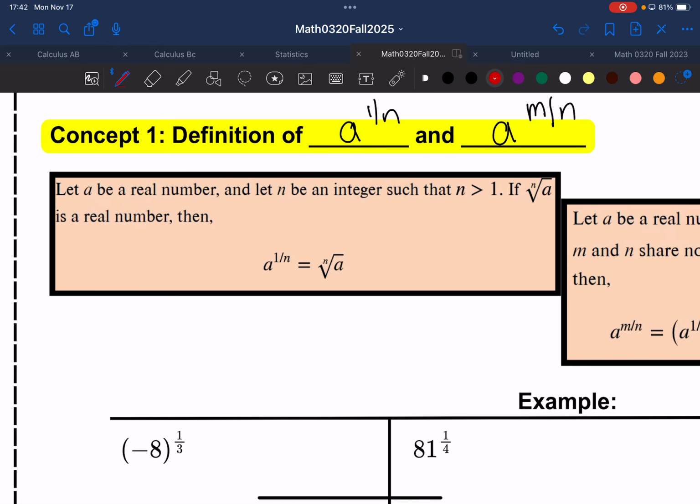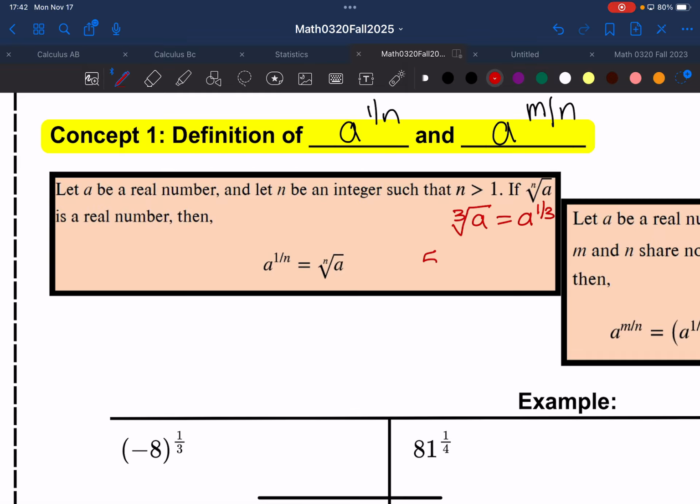All this is saying is, let's say n was 3. This is like the cube root of a, which is the same as a to the 1/3 power. Whatever that root is becomes the denominator of your exponent when you change it from a radical to an exponent.